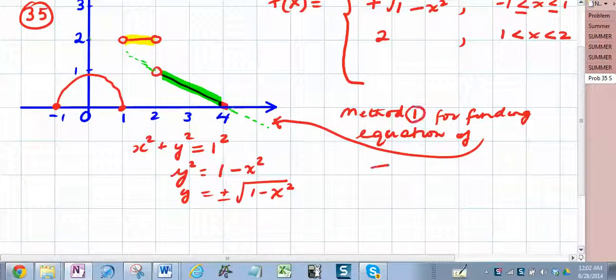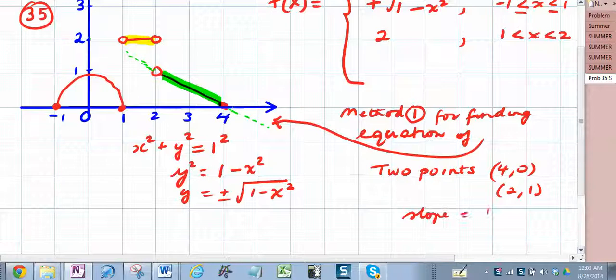Okay, I find 2 points on the line. One point is easy, (4, 0). The other point is (2, 1). The slope, therefore, is going to be 1 minus 0 over 2 minus 4, or 1 over negative 2.